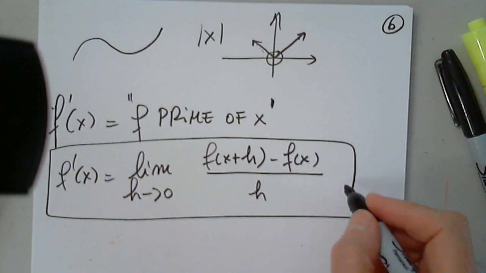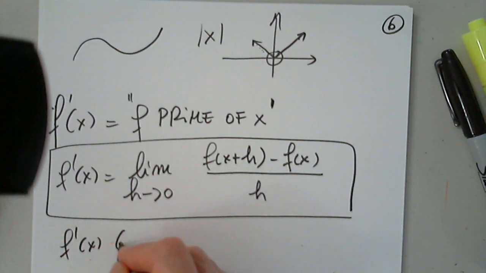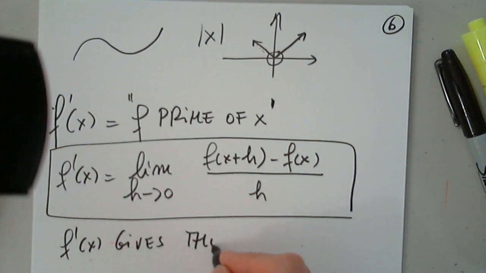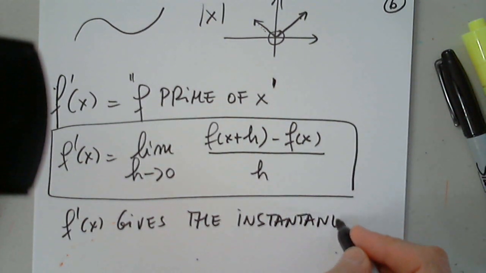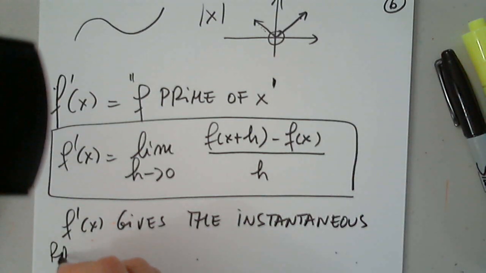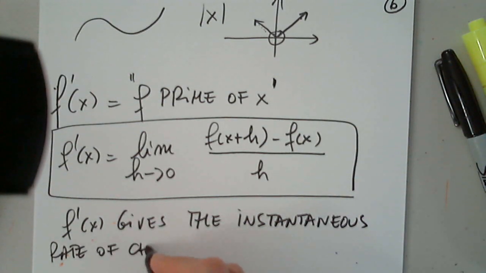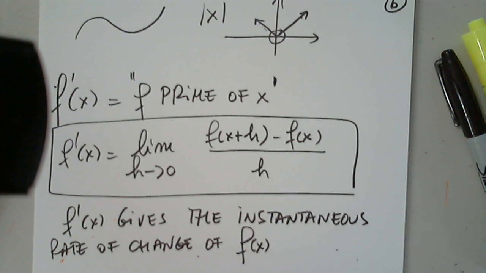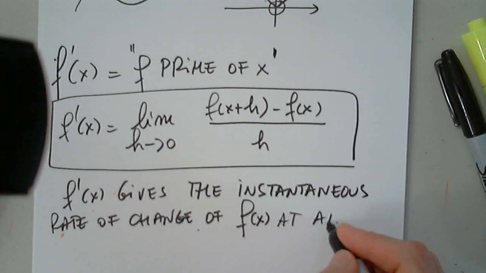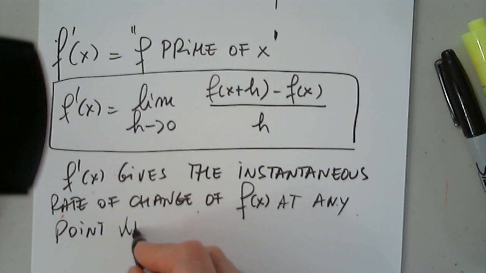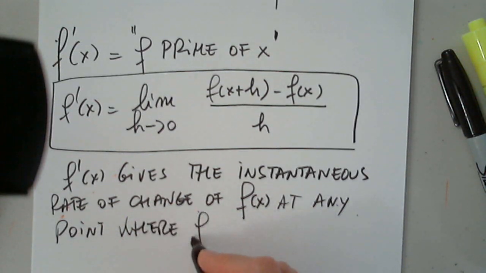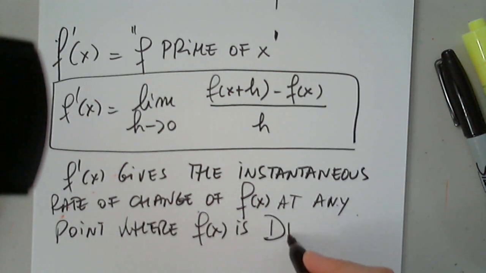So f prime gives the instantaneous rate of change of f of x at any point, wait for it, where f of x is differentiable.